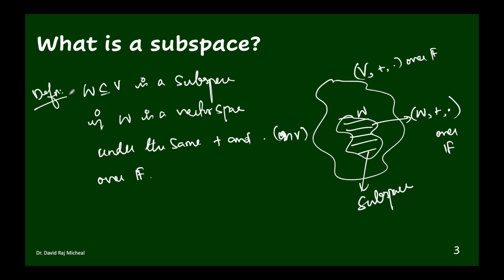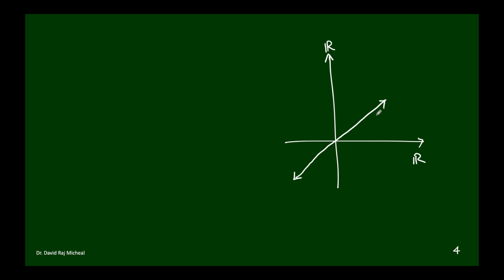Some examples: suppose I know that R2, that is R cross R, is a vector space. I also know that any line passing through the origin is a vector space, say for example the line y equal to x.